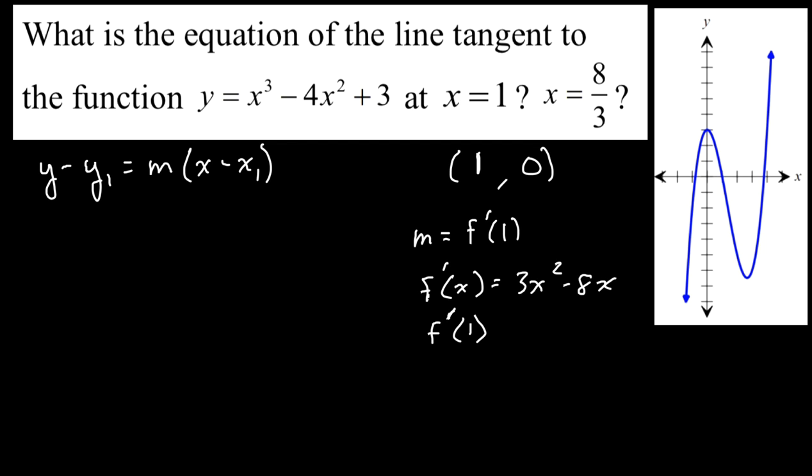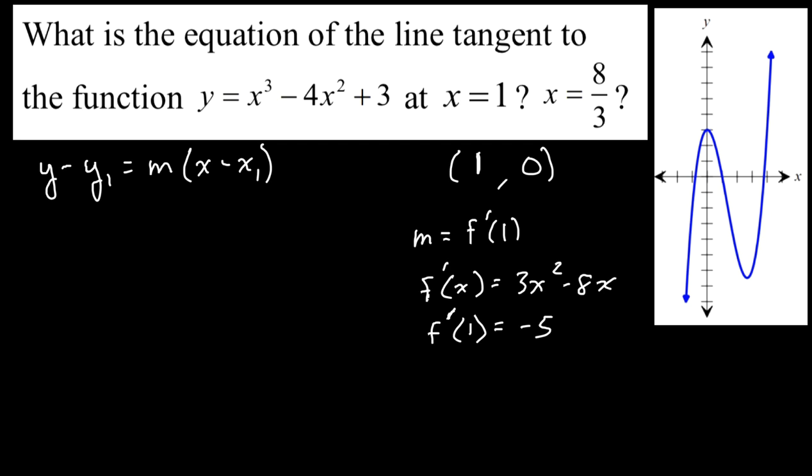Once again, this is just a generic relation that will tell you what the slope at any point on that graph is. And so if we want to know the specific slope at a particular point, all we have to do is plug in the point that we're referring to. In this case, that is 1. So 3 times 1 squared minus 8 times 1 is going to give us negative 5.